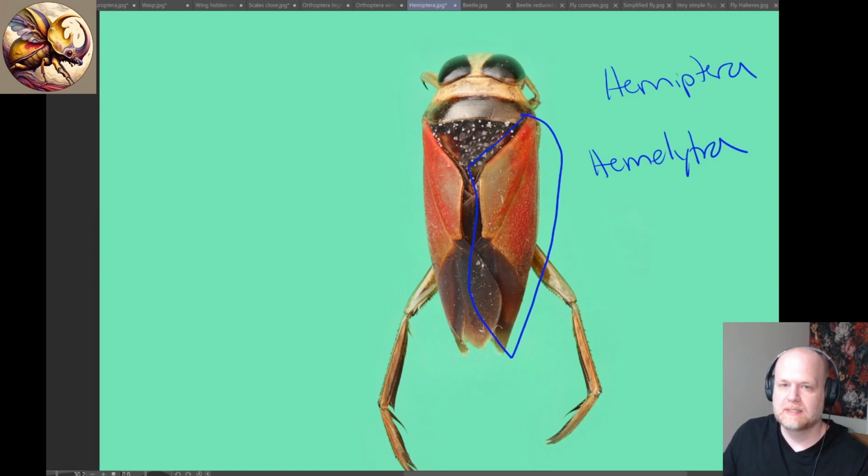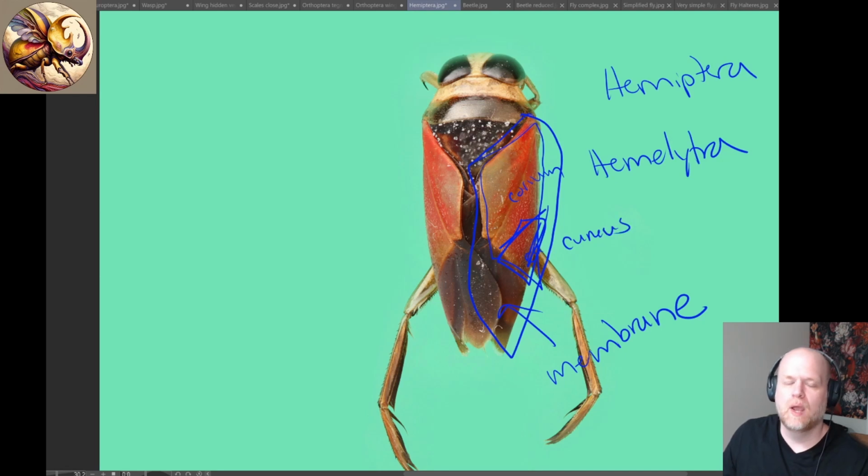The difference is that only this top part, the basal part, is leathery. So this down here is membranous. This is membrane. And up here, this is the corium. And usually this is a triangular structure called a cuneus. Cuneus, is that correct? Yeah, cuneus.